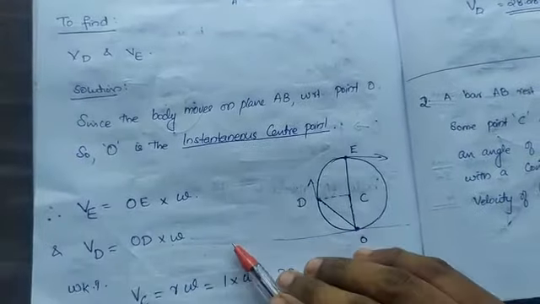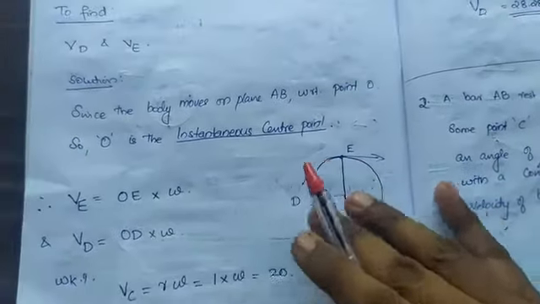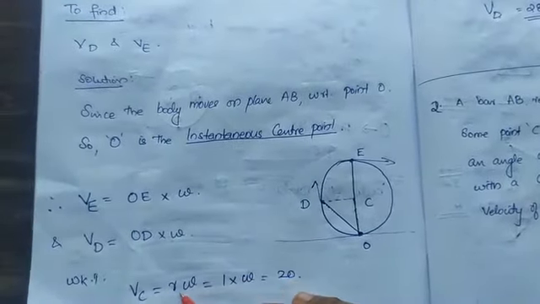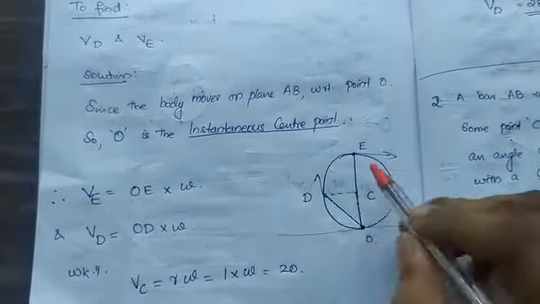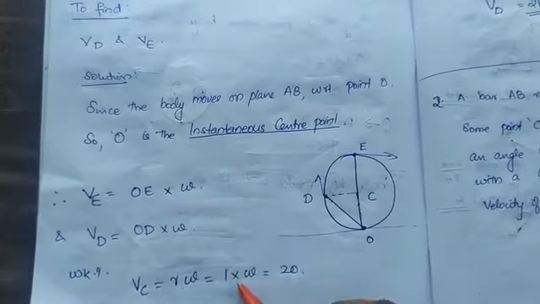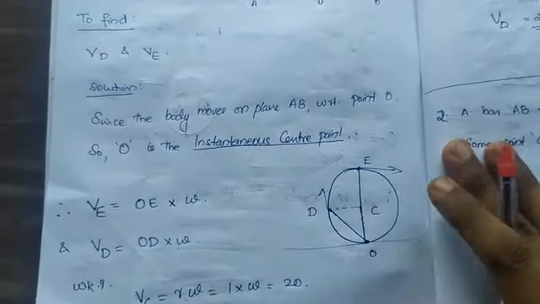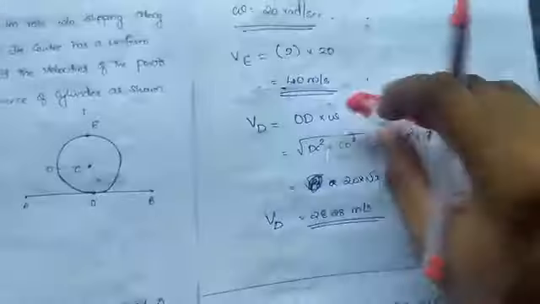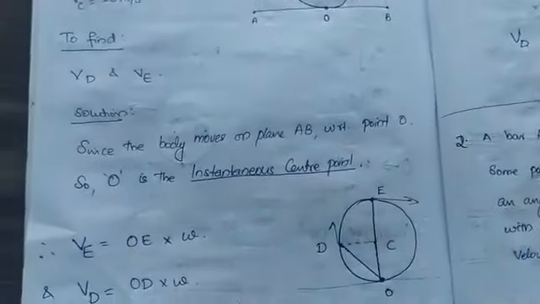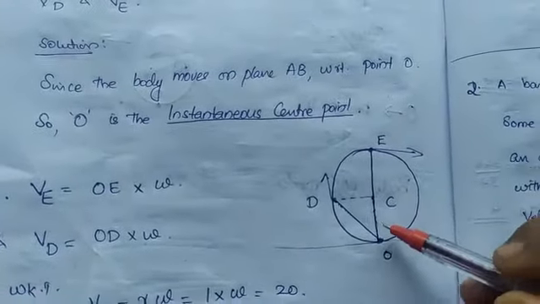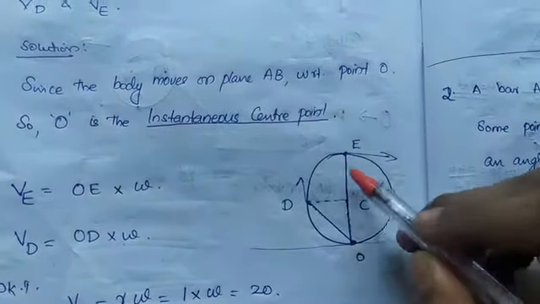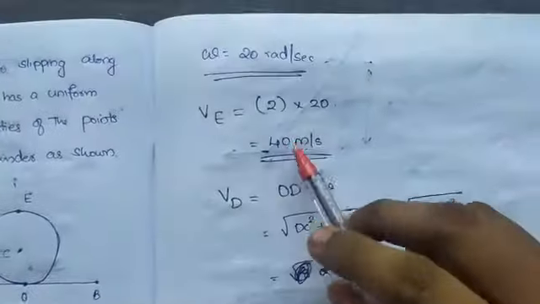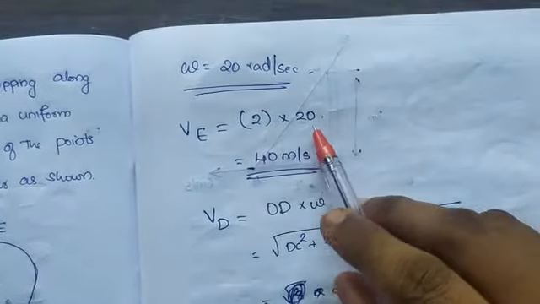For that, first of all, you need to find omega. VC is equal to R omega, right? At the center point, this is radius into omega. Radius is 1, so omega is 20 radian per second. Now VE is OE into omega, where O is the instantaneous center. OE is 2, so VE is 2 into 20.